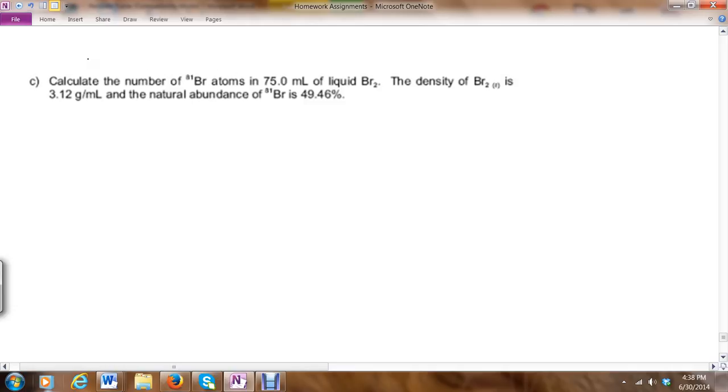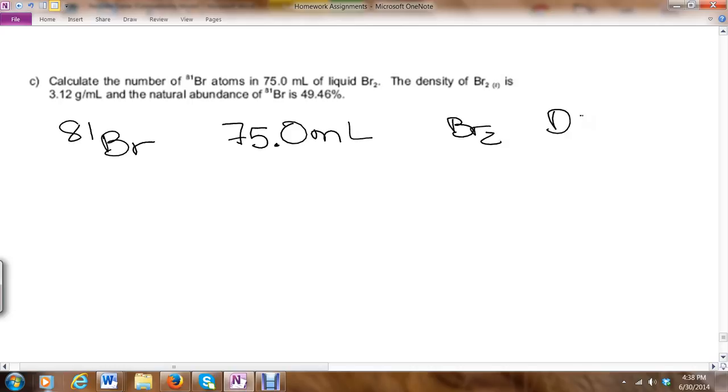I'm not gonna put something like this on the exam because it's basically the bromine. It has a combination of the isotopes. So it's gonna be 81. The problem: 75.0 milliliters of liquid bromine, Br2, and the density is gonna be 3.12 grams over milliliter.